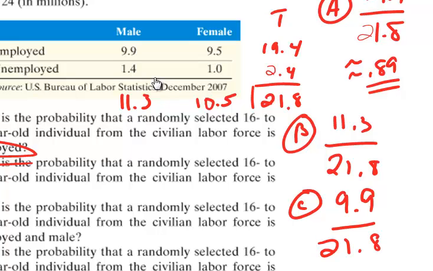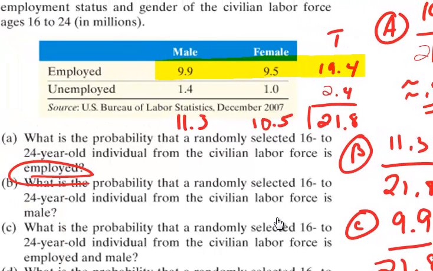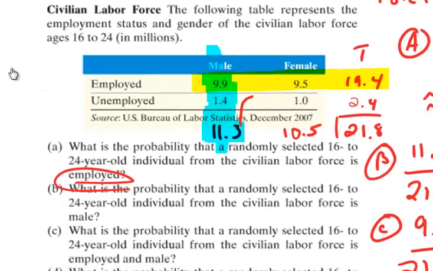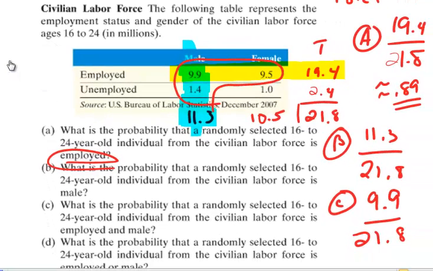Okay, welcome back. I know you paused it. So male or employed. So here's our employed, and I'm going to use my highlighter. So male, and employed and male. I'm just going to add those numbers up, and it's going to be 20.8.